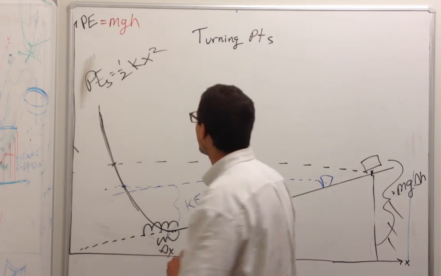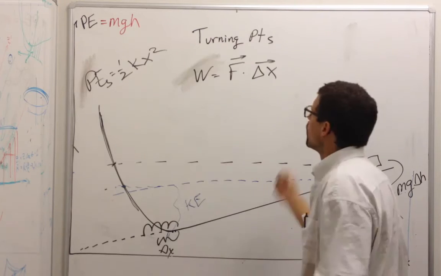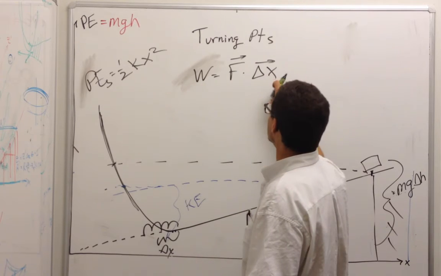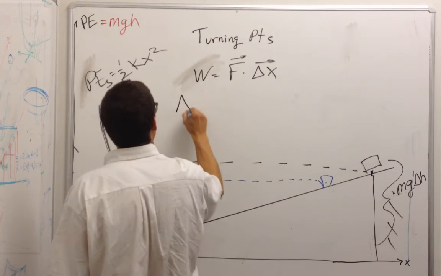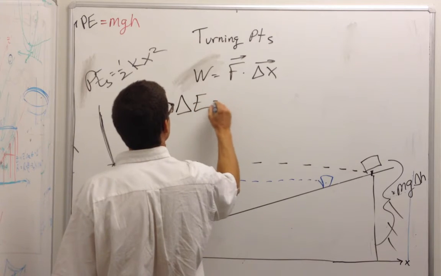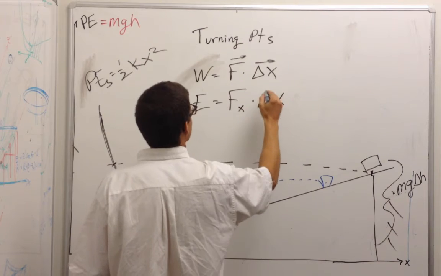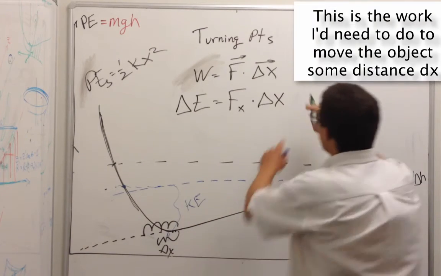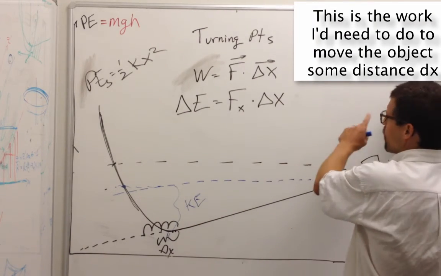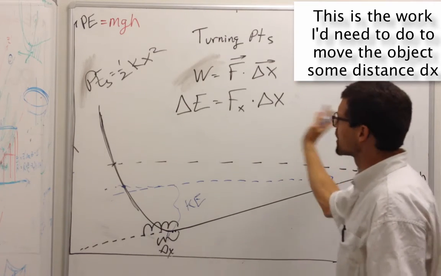And this is easy to show because we know that work is equal to force dot dx. The work is a change in energy, and this would be force in the x direction times delta x. Right? Plus force in the y direction, delta y, force in the z direction, delta z. But let's just look at one dimension.